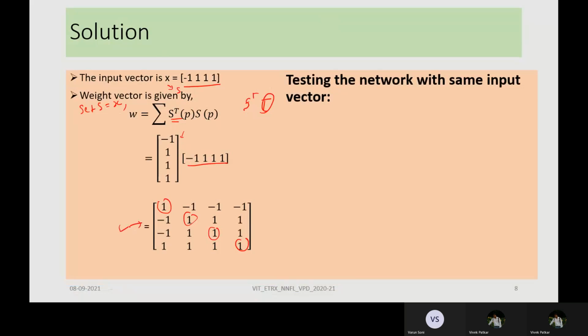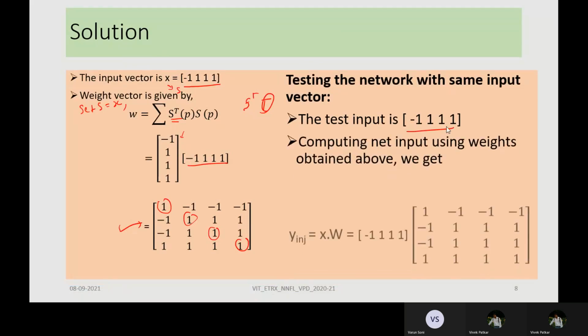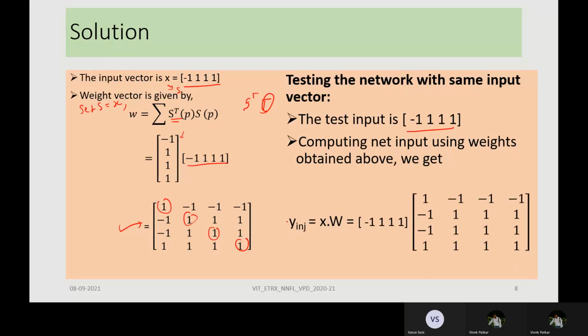So now let us see whether it gives the same output. The same input we used for training, we are using for testing, and we will compute the formula for y in is x dot w. Clear? So x is the input. मतलब कभी भी तुम्हारे पास न्यूरल नेटवर्क का वेट मैट्रिक्स रहेगा, you take the actual inputs dot product with the weight matrix, you'll get the y in.